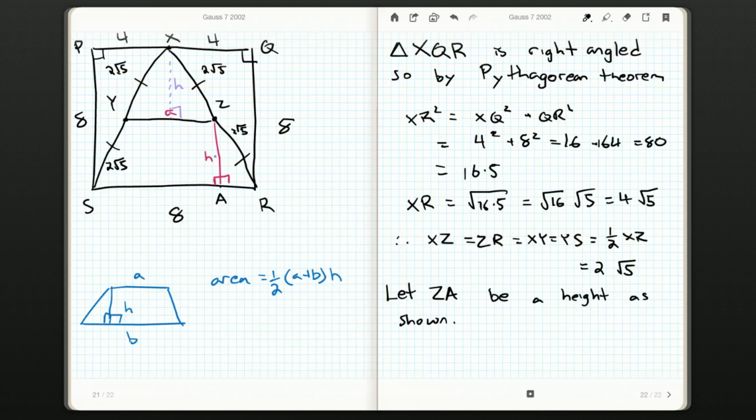Now, I'm thinking that ZAR and RQX are similar. And how could I show that?